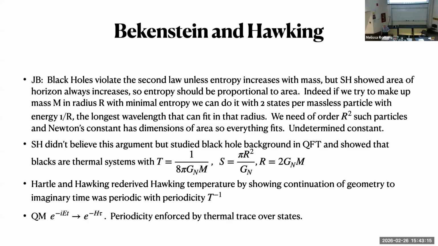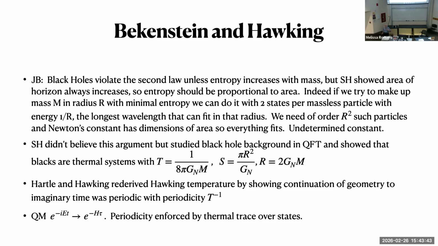The thermal density matrix is e to the minus the Hamiltonian times the inverse temperature. And when you do a thermal average, you're taking a trace of e to the minus H times the inverse temperature times some operator, okay?